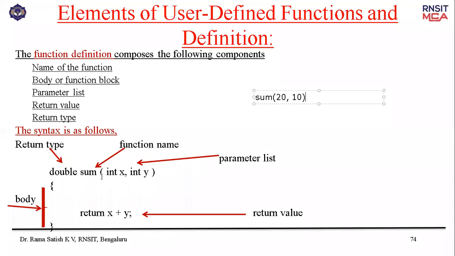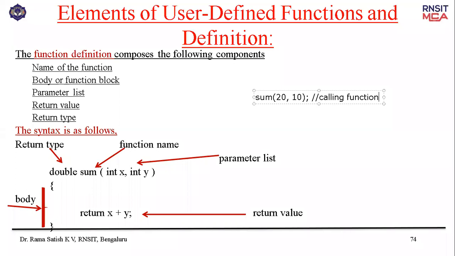These are parameters. Parameters are available with the definition, and arguments are available with the function call. This is function calling. So you are calling the function. Calling the function is nothing but in your main program, you are writing the function name along with the values.